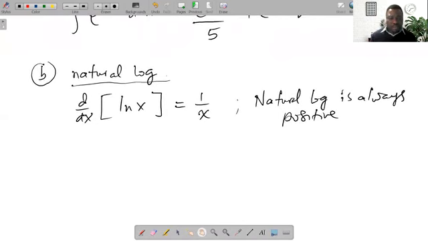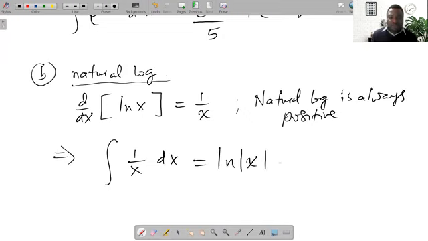So if I have the integral of 1 over x dx, this should be equal to the natural log of x, but always with absolute value.